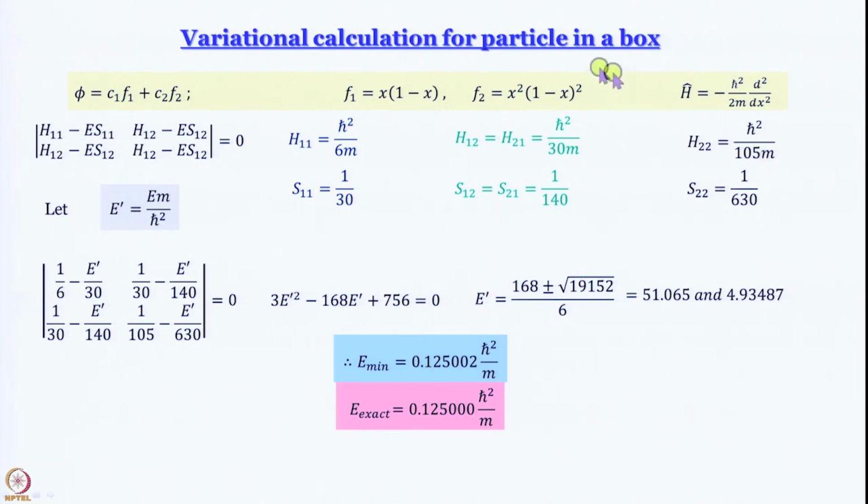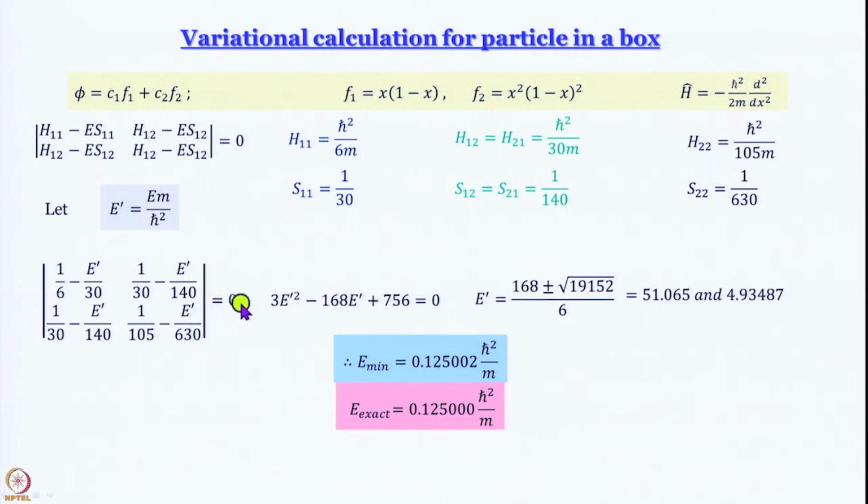Substituting E dashed for Em by h cross square, this secular determinant simplified into this form: 1 by 6 minus E dash by 30, 1 by 30 minus E dash by 140, 1 by 30 minus E dash by 140, 1 by 105 minus E dash by 630. That determinant is equal to 0.